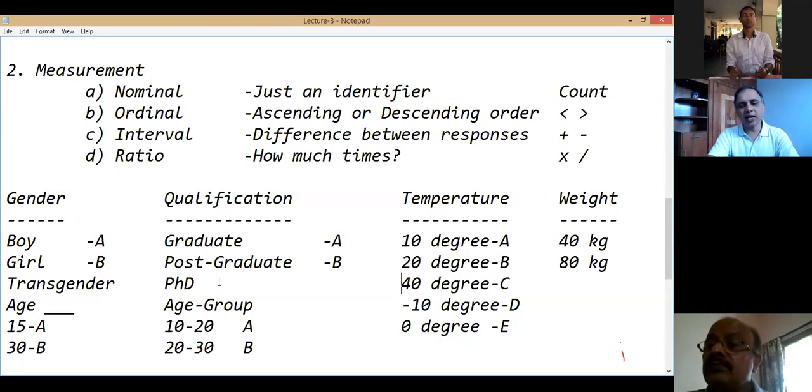You can give numbers like 1, 2, 3, 4, 5, it doesn't matter. But can I say strongly agree is a 2 times more powerful reply than agree? Or highly satisfied is 2 or 3 times more satisfied than the person who clicked satisfied? No, we can say it's more or less. So it's more of ordinal. It's not interval. You can't measure the difference between highly satisfied and satisfied. So these scales are ordinal measurement.